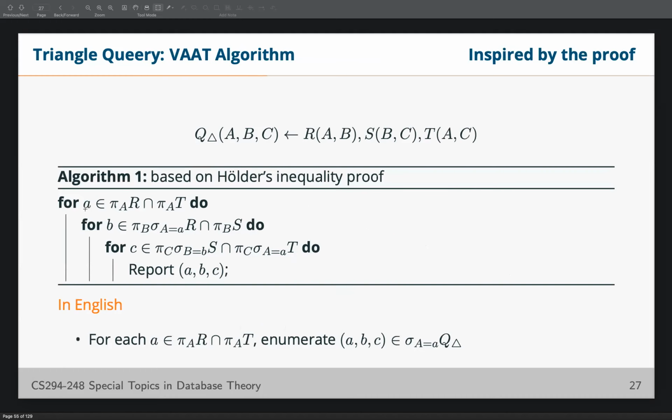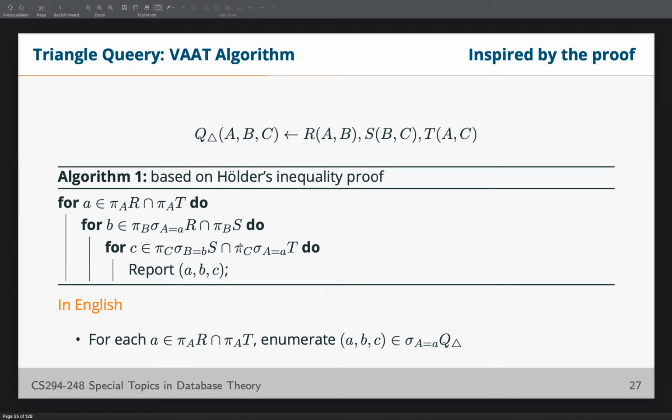Just for every a in common between R and T, and then on the inside you iteratively do for every b in common between R and S, subject to the same selection. And then for every c in the intersection, report abc. So if you think of it, this is not nested loop join.